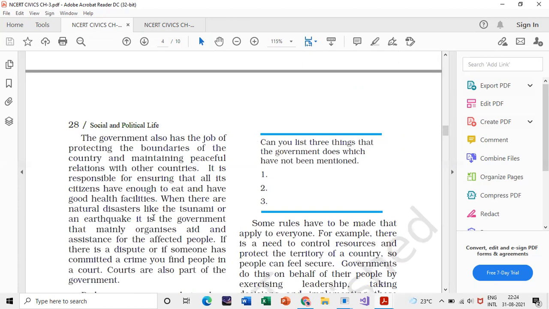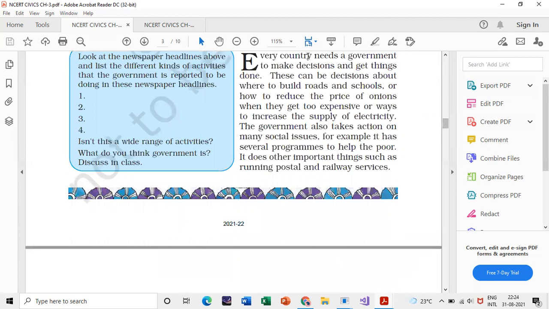But you can't get straight away questions like write the functions of the government. What you can get is the question, every country needs a government. What is in the first line? See, every country needs a government. So write the answer pointwise, and your answer will start like: every country needs a government to make decisions and get things done.